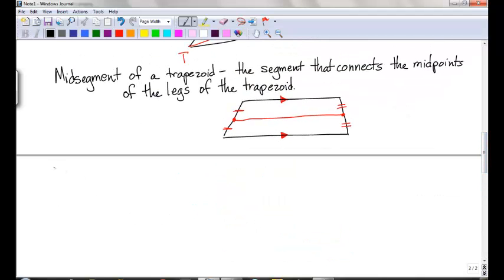Then theorem 6.24, called the trapezoid mid-segment theorem.